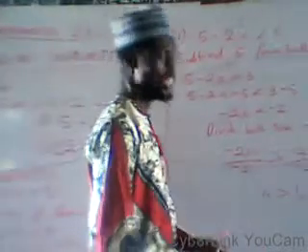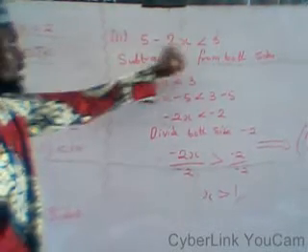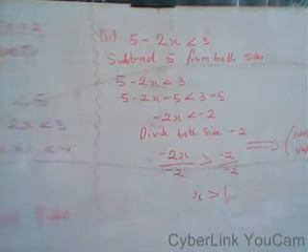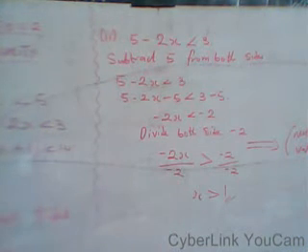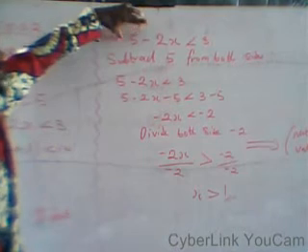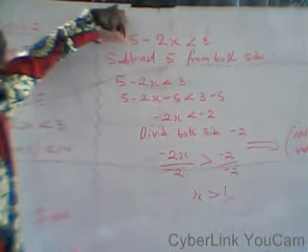Let's see the second one. Here we have 5 - 2x < 3. If you look at this, our variable here has the minus. That will make it a little bit different from the first question, where our variable does not have a minus. Here, our constant is what we want to remove first, which has a positive sign.